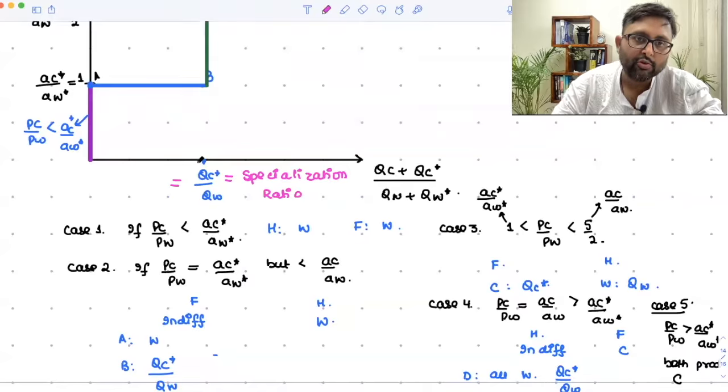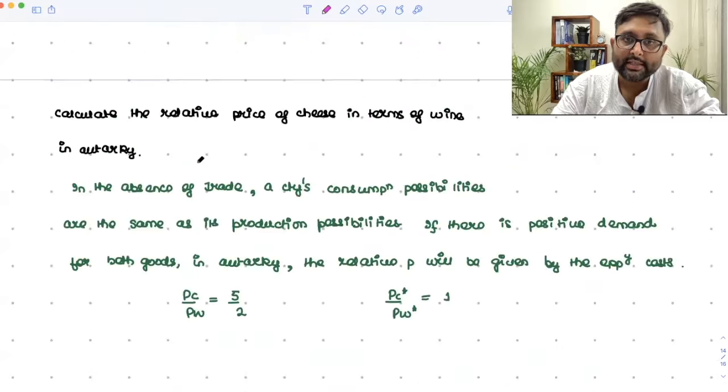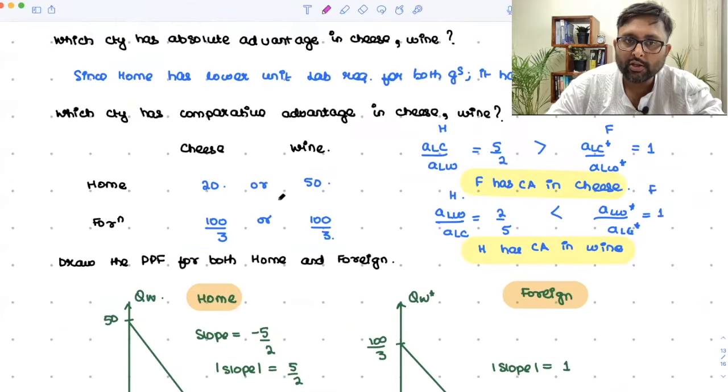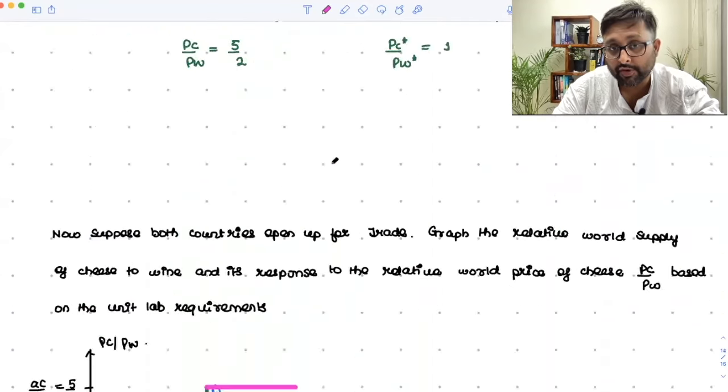If foreign country specializes all in cheese, how much can it produce? 100 by 3. And if home country goes all in wine, how much can it produce? 50.